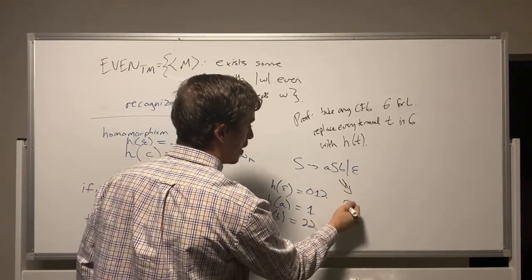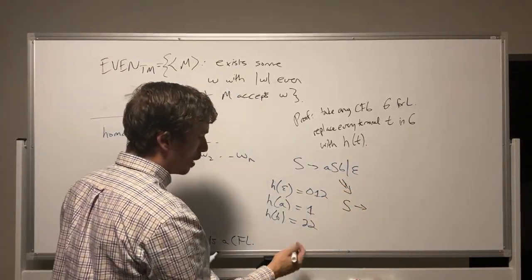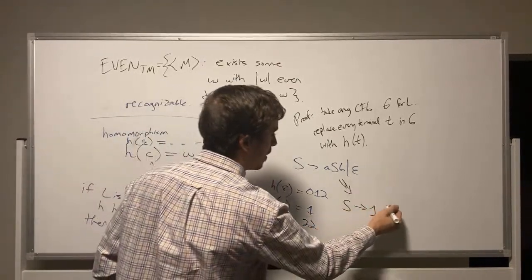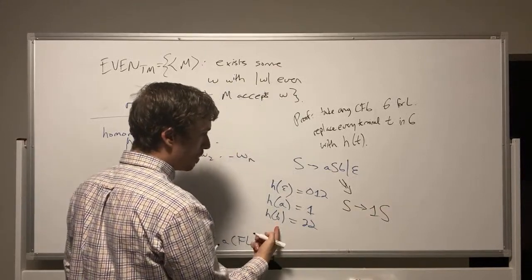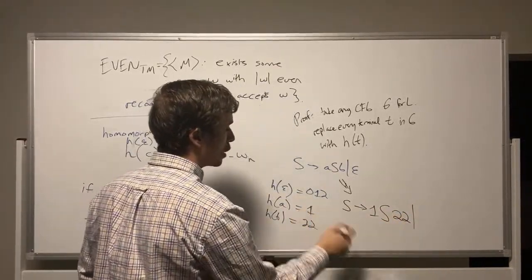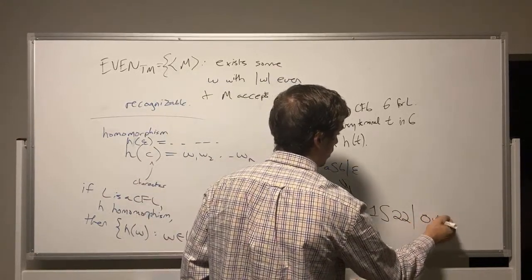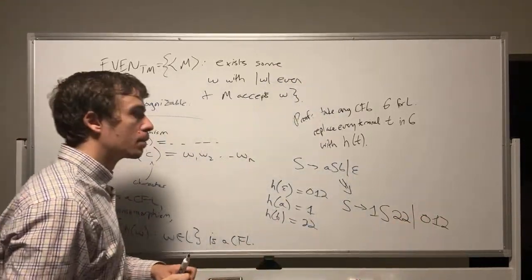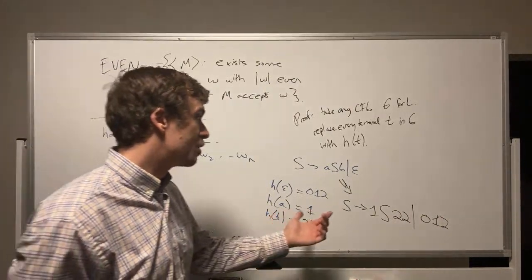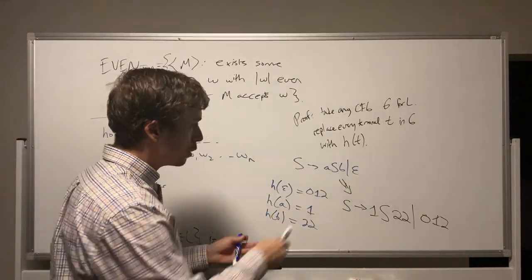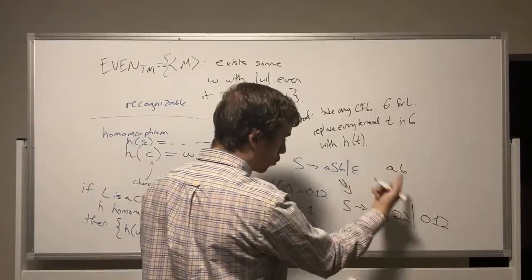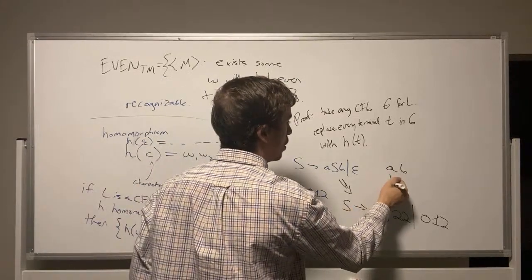So S goes to, the a gets replaced with 1, the S doesn't change, b gets replaced with 2, 2, and then the empty string gets replaced with 0, 1, 2. And if we look at some string that this makes, let's say AB, translated over, that's 1, 2, 2.